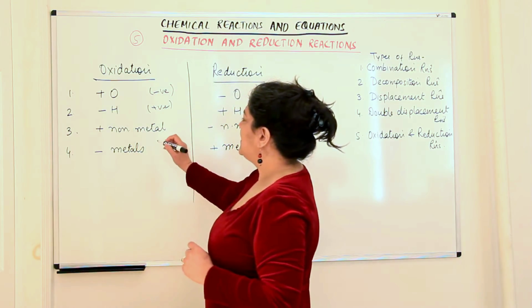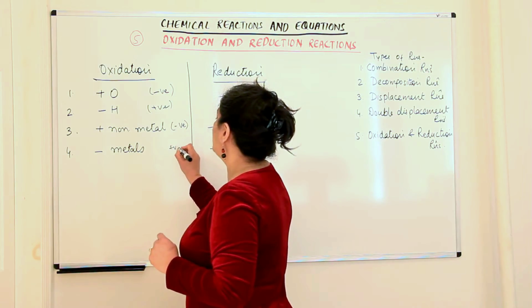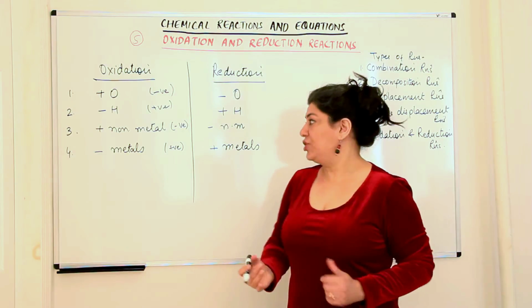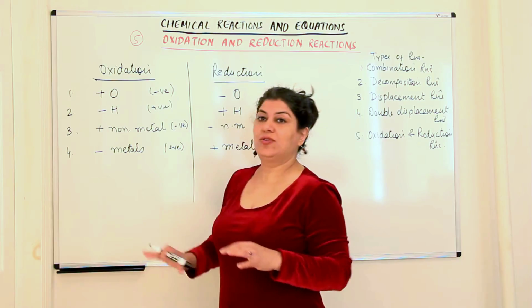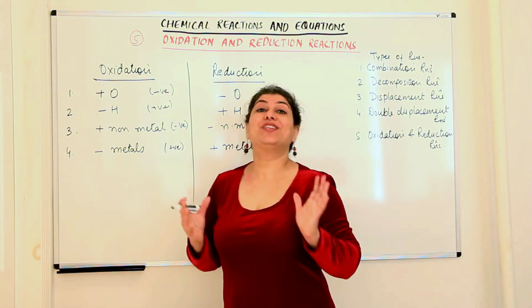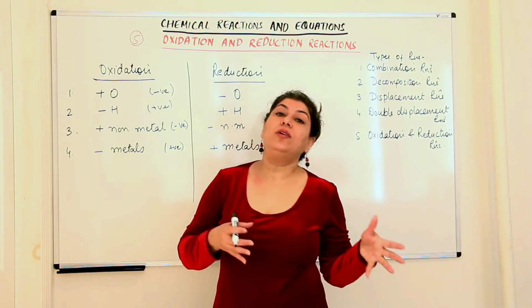So non-metals are negative by nature and metals are positive by nature. So what do we see? We can move to another definition from here, because metals and non-metals, oxygen or hydrogen, we also have elements in the periodic table which are metalloids. They fall between metals and non-metals.